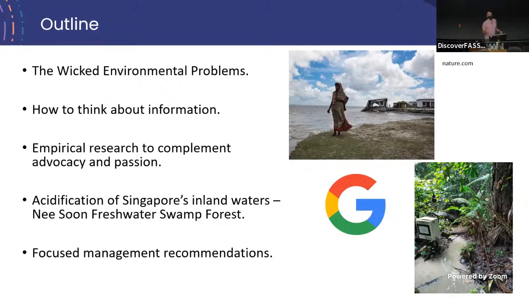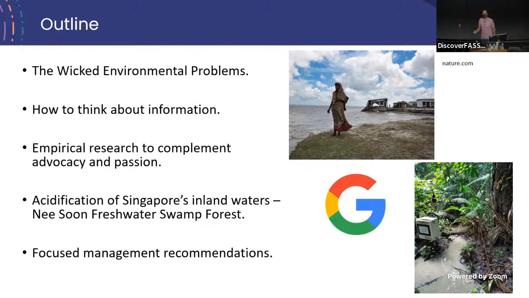What young people have in abundance is passion. Folks want to make a change to the issues that we face today. To complement that passion, to change the way we utilize our resources and the way we interact with our environment, I want to talk about the importance of empirical research data.